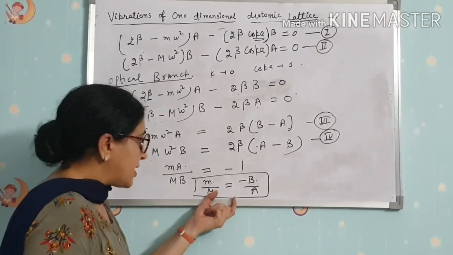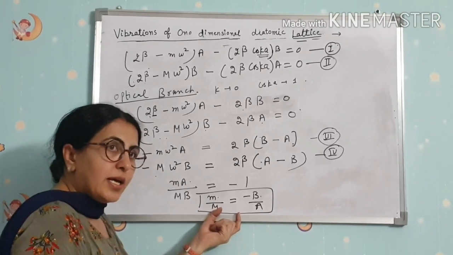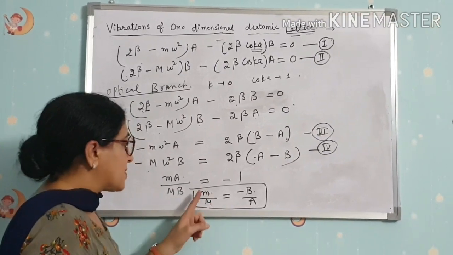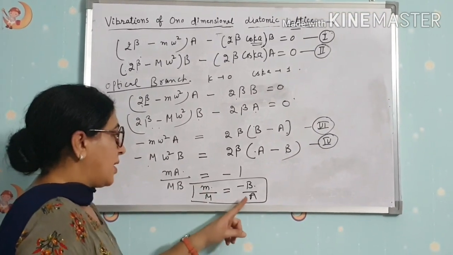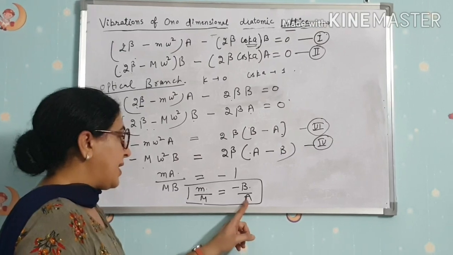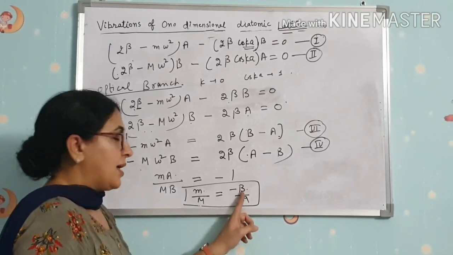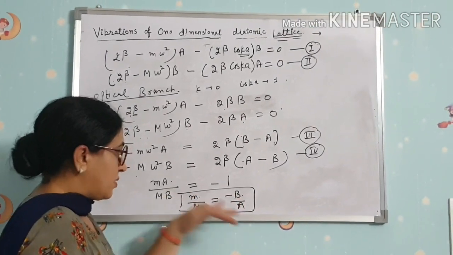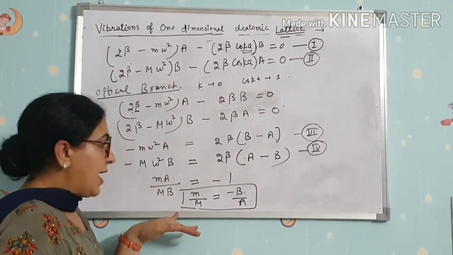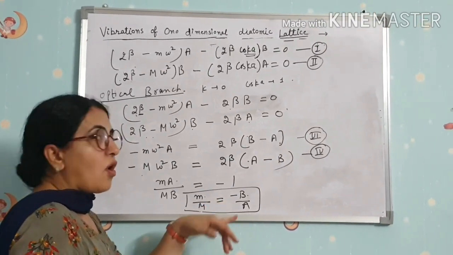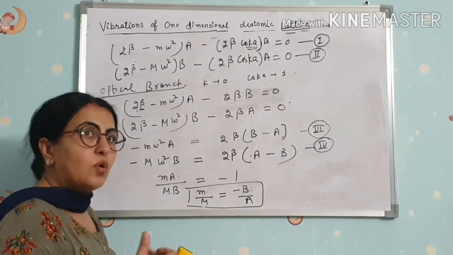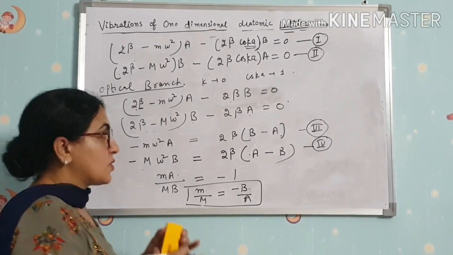So what do we conclude? The amplitude for small m is A and for capital M is B. They are inversely proportional to each other and in opposite directions, so the atoms move in opposite directions.